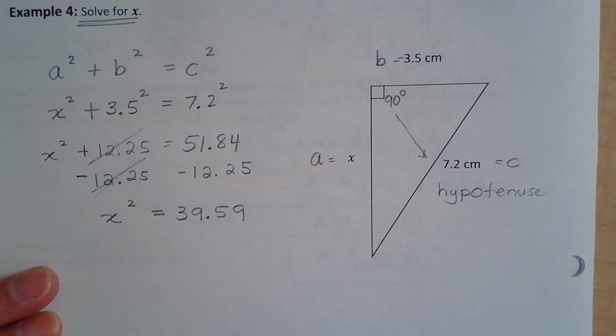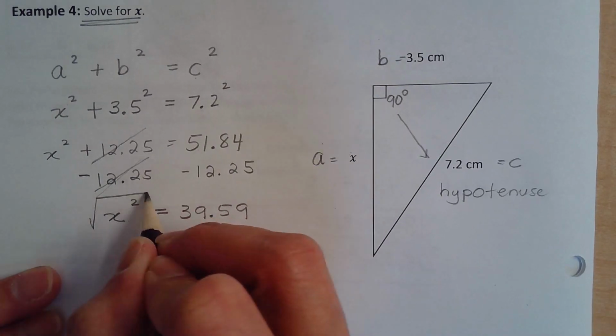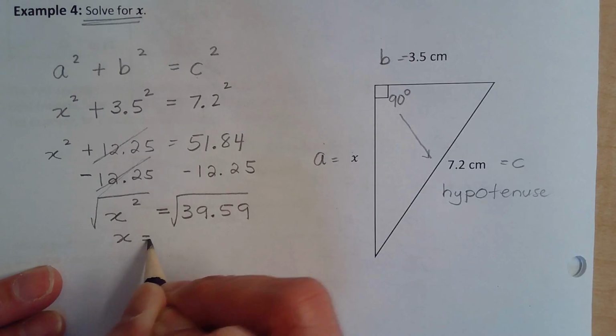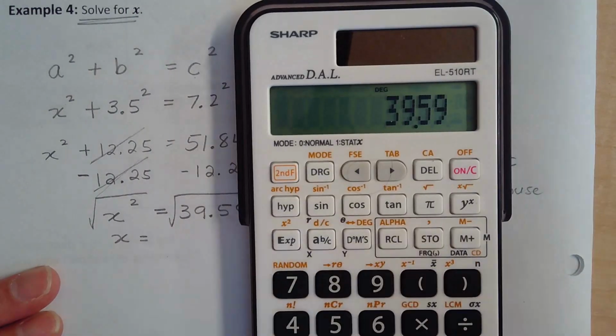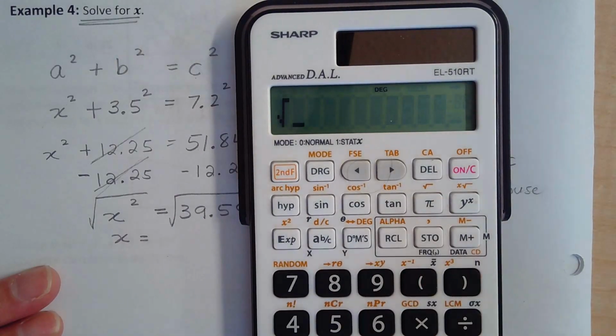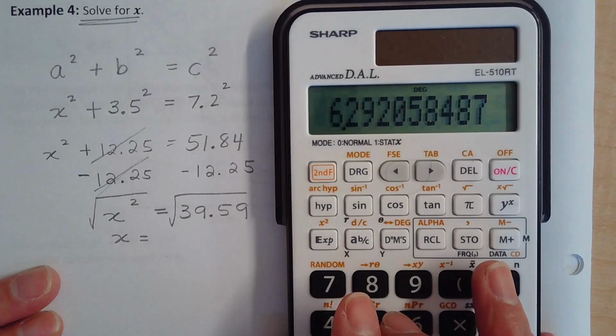And then the last, but not the last step would be taking the square root. Okay. Square root. I'm going to take the square root of that. 6.29.